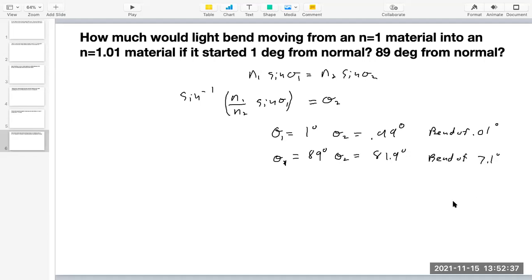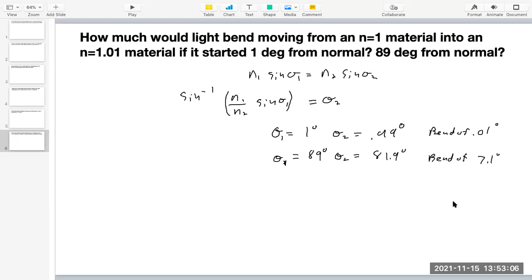So we're getting somewhere around 700 times as much bending if we start at 89 degrees than if we start at 1 degree. The fact that the indices are so close to each other helps make this particularly noticeable.